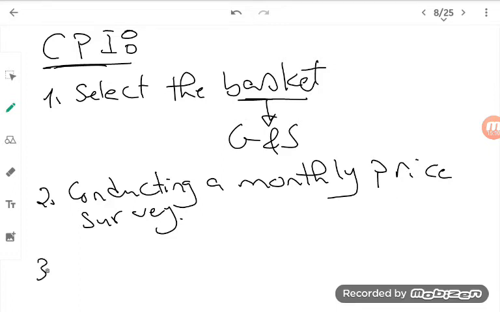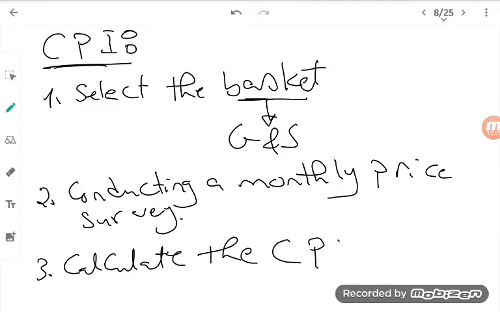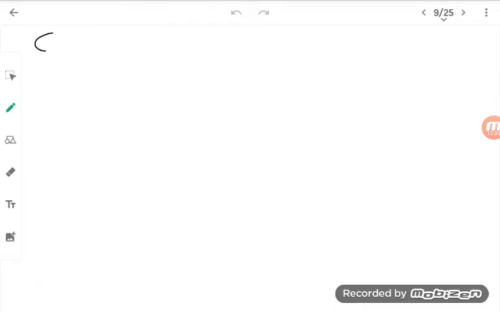And finally, number 3, calculate the CPI. Calculation of CPI has 3 main steps.